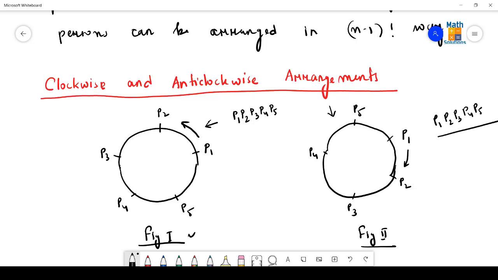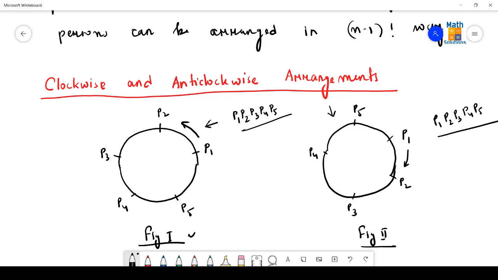That means in both these two cases we are getting the similar arrangement. If we proceed clockwise and anti-clockwise along these two circles, then we are getting the arrangements to be the same. Means these arrangements are such that every person has got the same two neighbors.